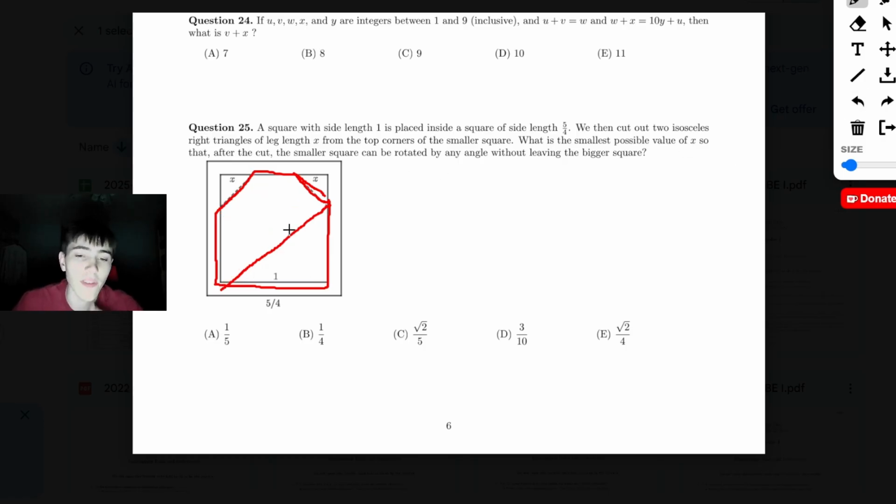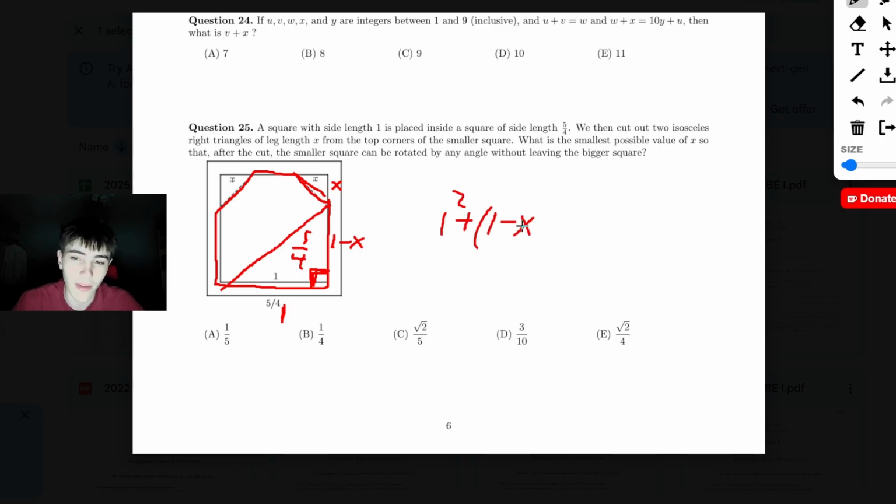Okay, so if we set that exactly equal to 5/4, then we would have a right triangle with side lengths 1, hypotenuse 5/4, and the other leg, that's x right there, and this whole thing is 1, so this is 1 minus x.